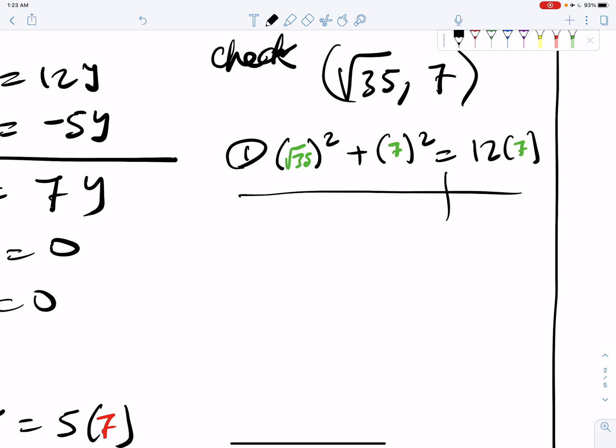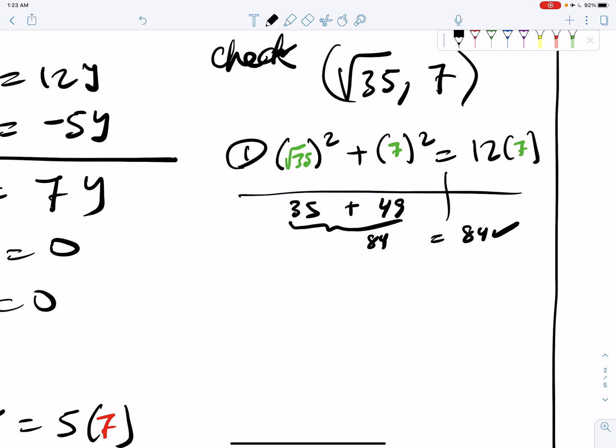Okay, let's see what happens. Squaring the square root of 35 gives us 35. And we also know that 7 squared is 49. So 35 plus 49 gives me 84. And 12 times 7 is 84. So I am very confident that that answer is correct. And now that works with equation number 1.